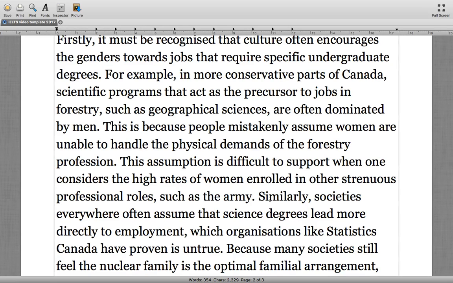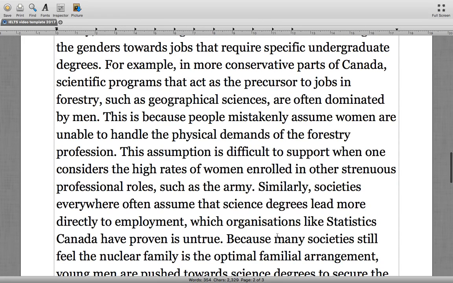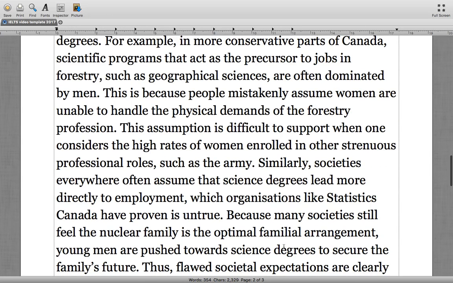Similarly, societies everywhere often assume that science degrees lead more directly to employment, which organizations like Statistics Canada have proven is untrue. Because many societies still feel the nuclear family is the optimal familial arrangement, young men are pushed towards science degrees to secure the family's future.